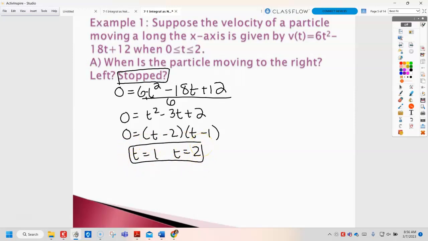So the particle stops at 1 second and at 2 seconds.